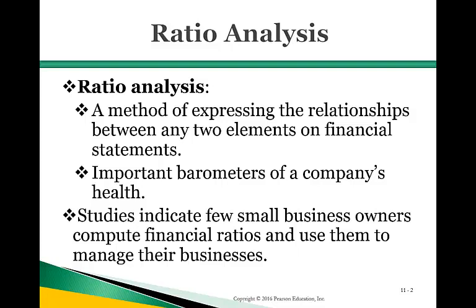So if I were to come to you and say that a small business has made a profit of $50,000 this year, how would you know if that's good or bad? Well, one way to know is they made a profit of $50,000 on sales of $1 million, so that percentage would be 5%.